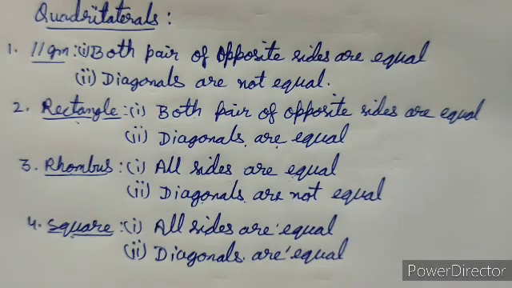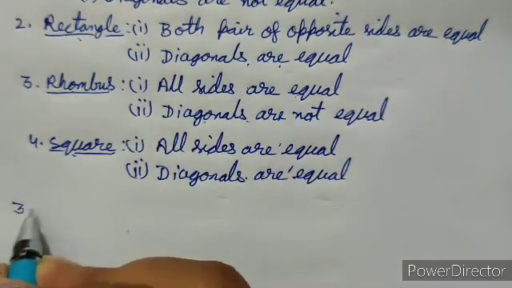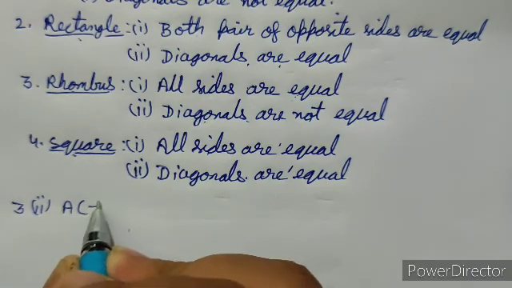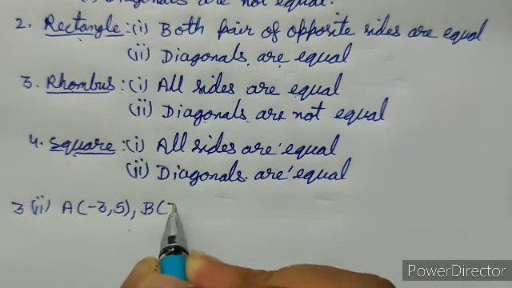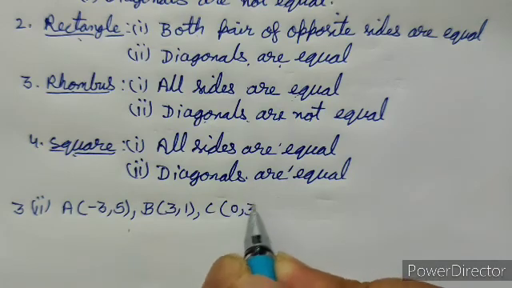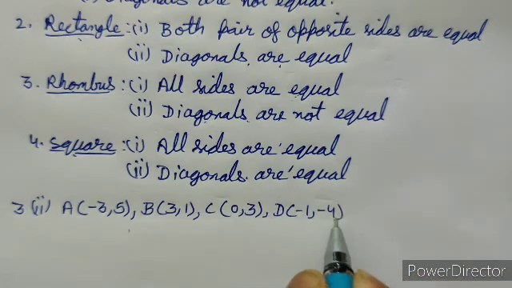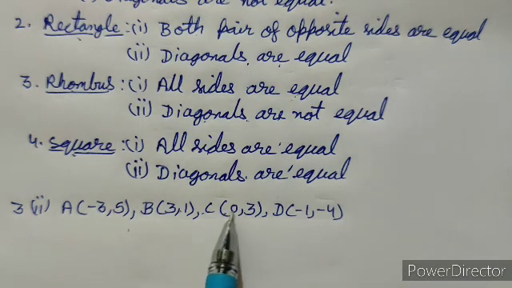Now in the second part of question number 3, we have to check whether A(-3, 5), B(3, 1), C(0, 3) and D are the vertices of a quadrilateral. Here the vertices of a quadrilateral are given to us.